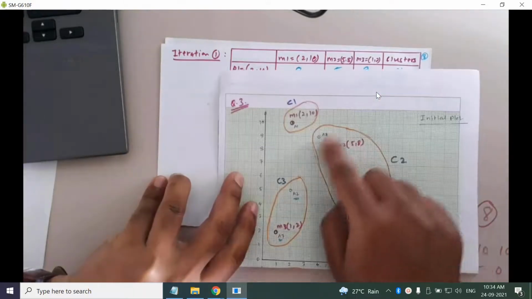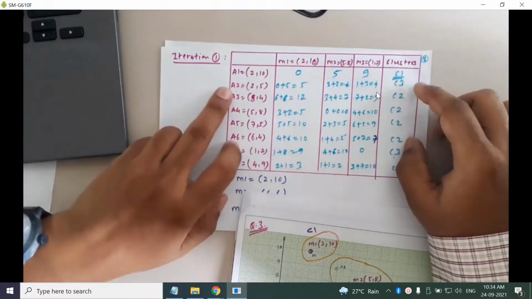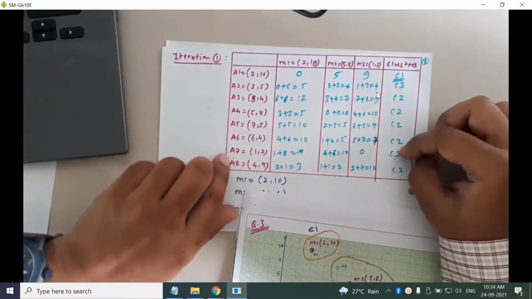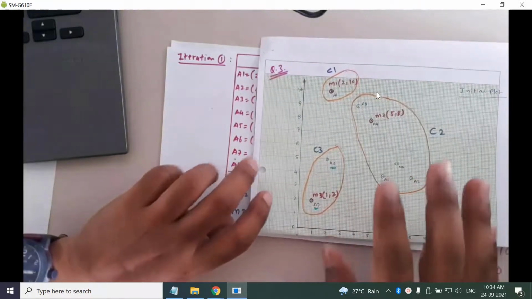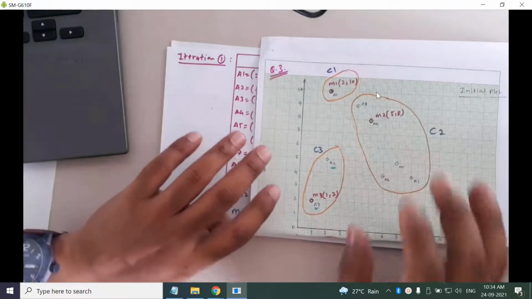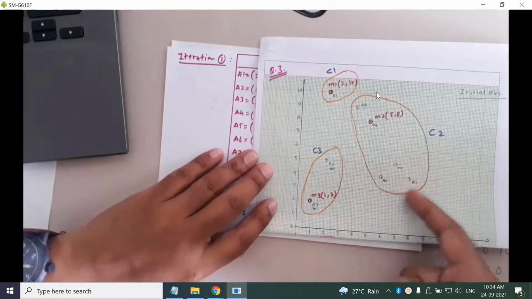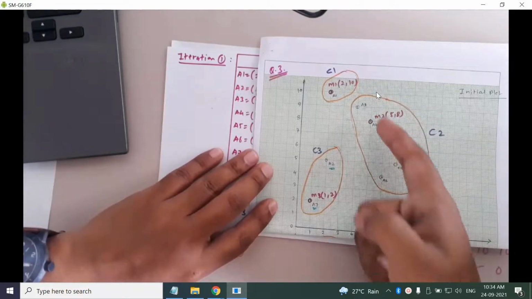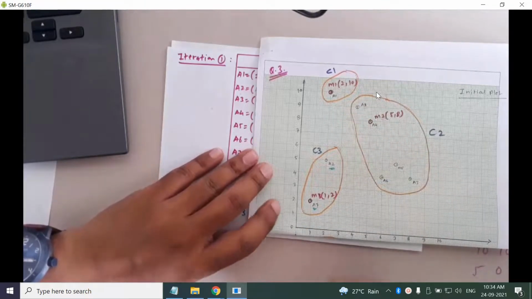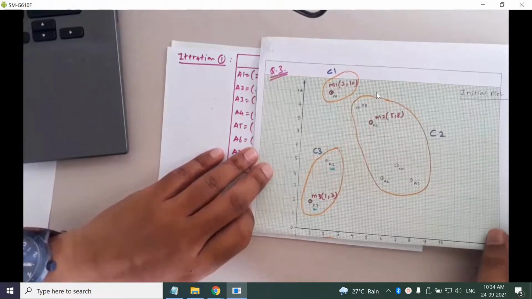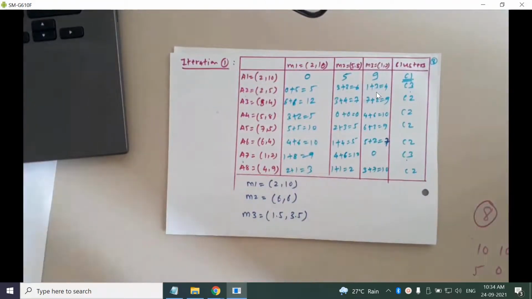C2 has 5 points and C3 has 2 points, A2 and A7. From this split you can guess the answer: these 3 points should form one cluster, these 3 another, and these 2 another. So you know the answer, but prove it mathematically.